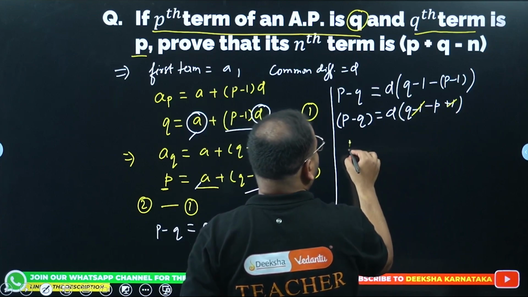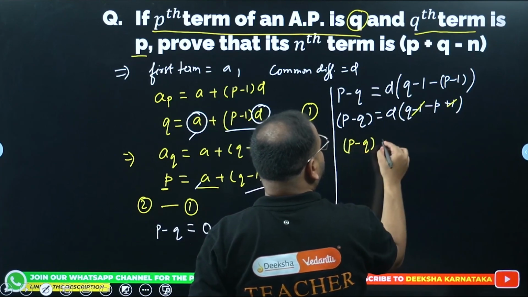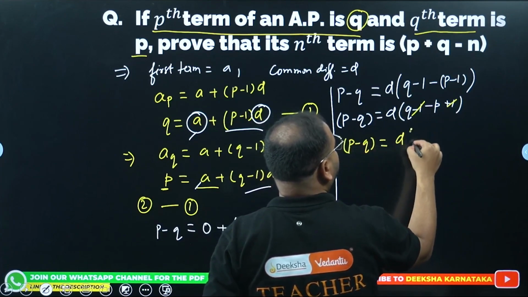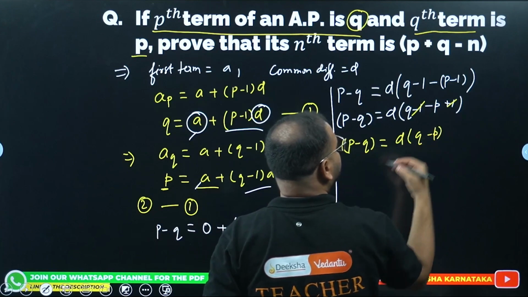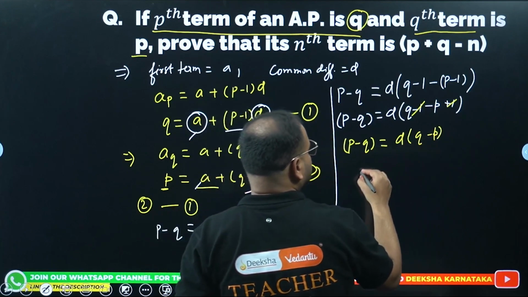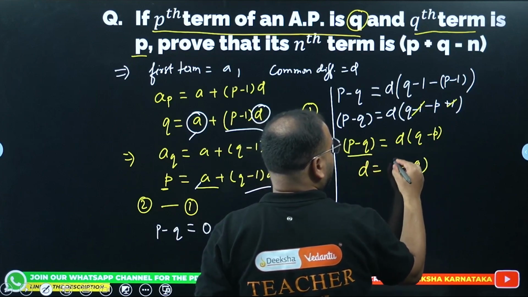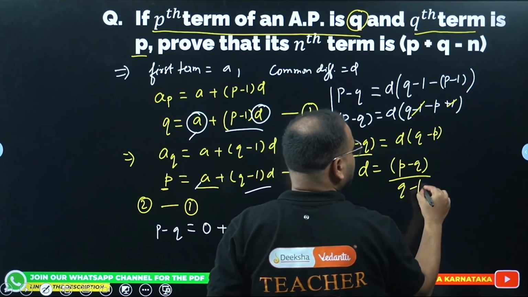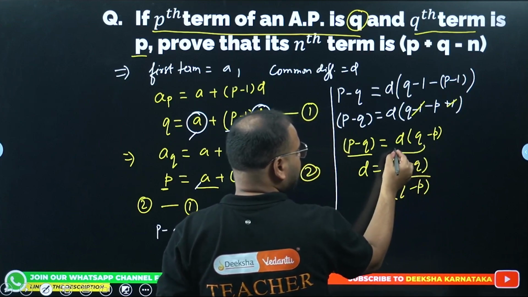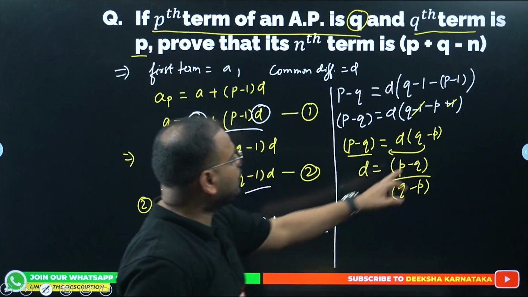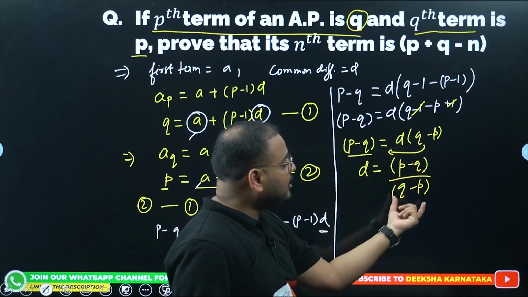Moving forward, P minus Q is equal to D times Q minus P. Write D from here. So D is equal to P minus Q upon Q minus P. How? Bringing this over here, it becomes division, so Q minus P will be the denominator.